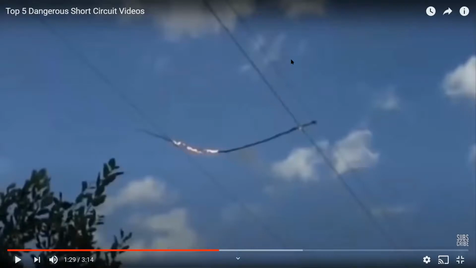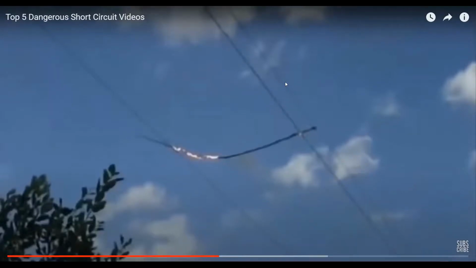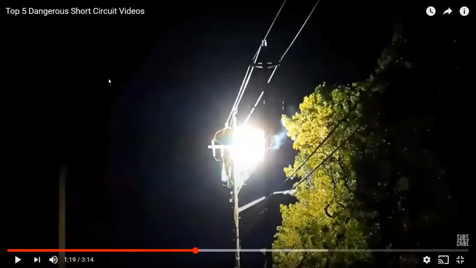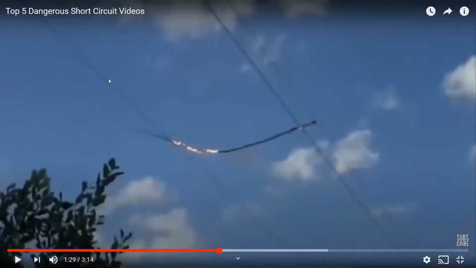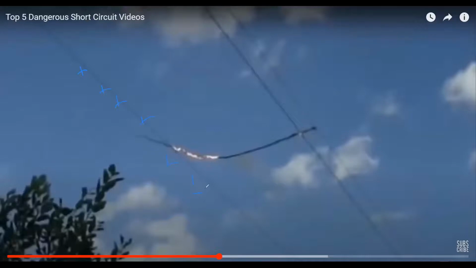Okay, cool. Now these are two high voltage power lines. One of these wires is positive, and one of them is negative. Of course, the electrons just want to go from one wire to the other wire, and normally they would do that through a house.